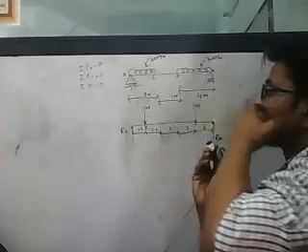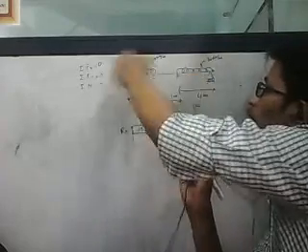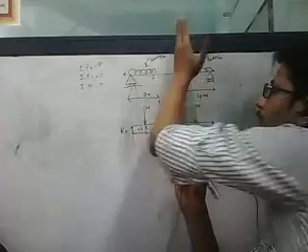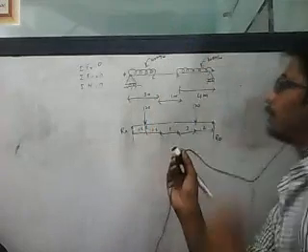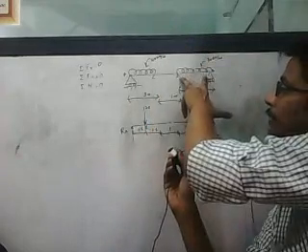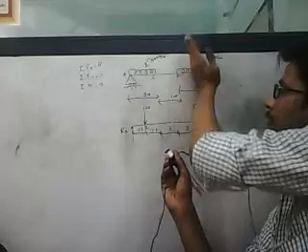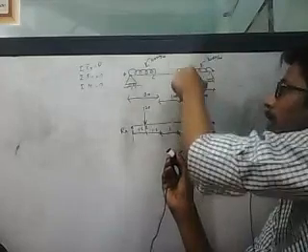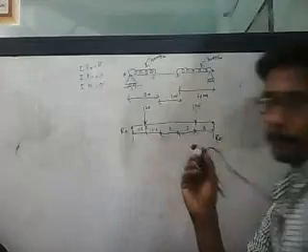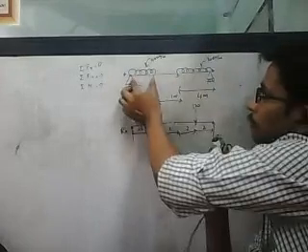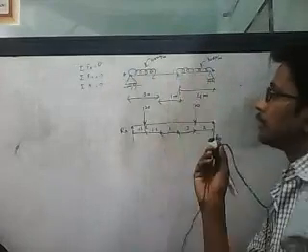Suppose the UDL is applying on the entire length, then it will apply at the middle. Right now the UDL is applying on this length, so the force is applying on half of this, and this load is applying on half of this: 1.5, and this one 2.